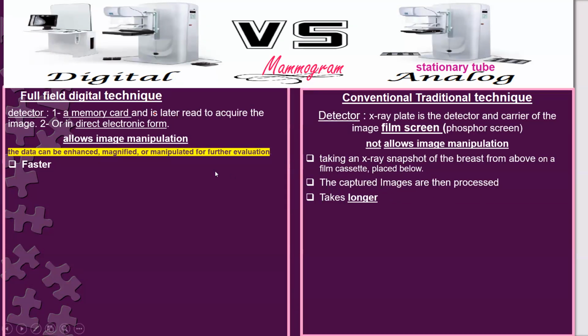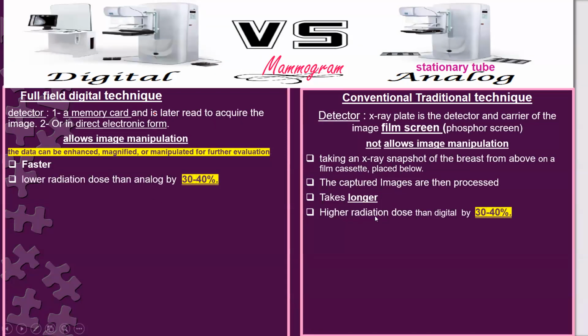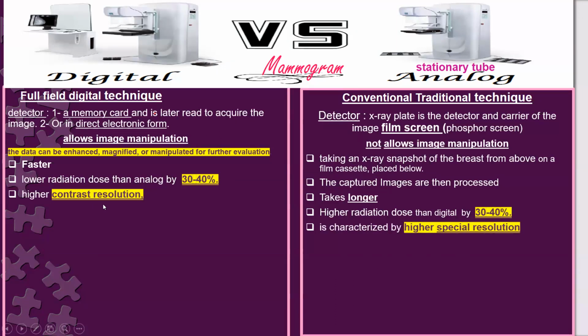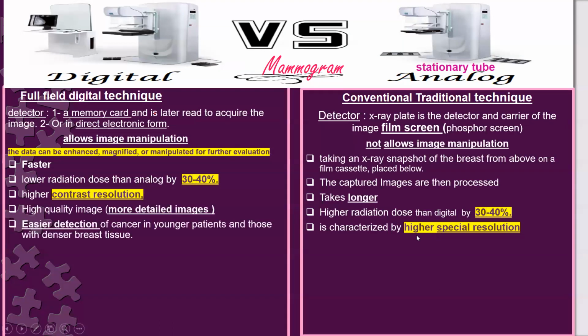It will take a longer time, while the digital is faster. And the conventional has higher radiation than the digital system by 40%. So the digital reduces the radiation dose to the breast, and the digital has higher contrast resolution compared to the conventional, characterized by relatively higher spatial resolution.